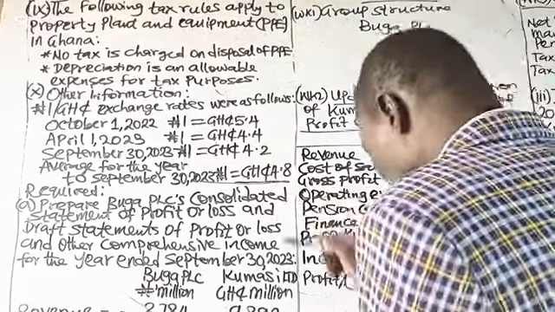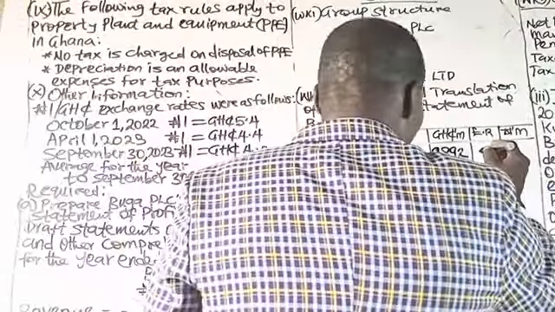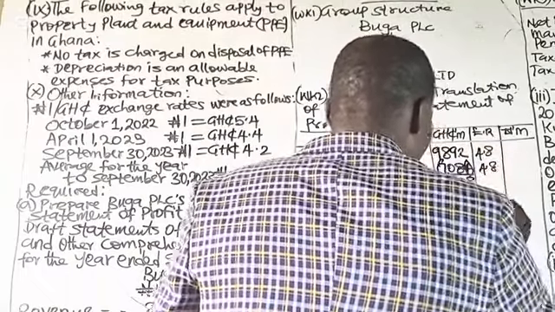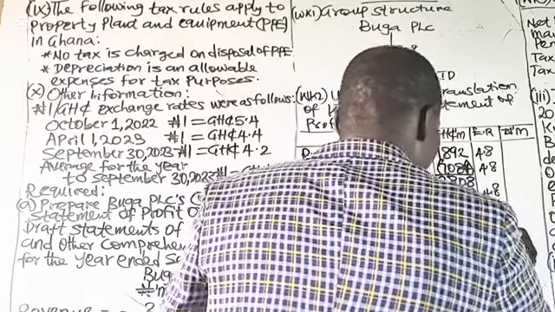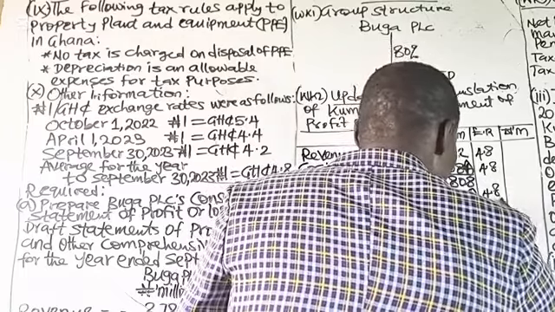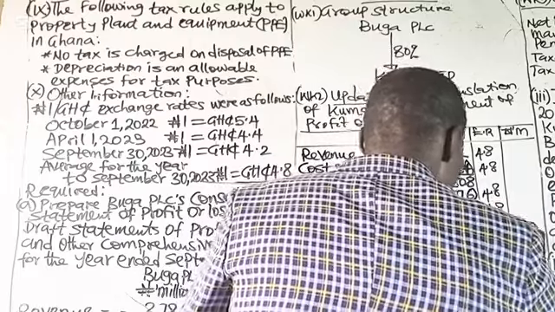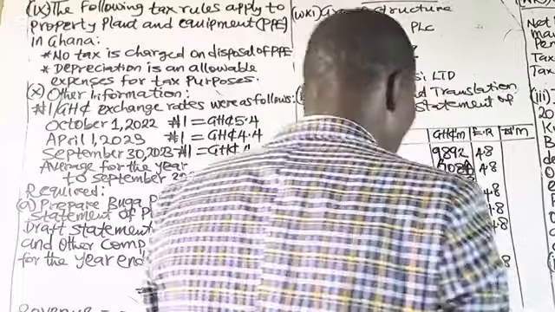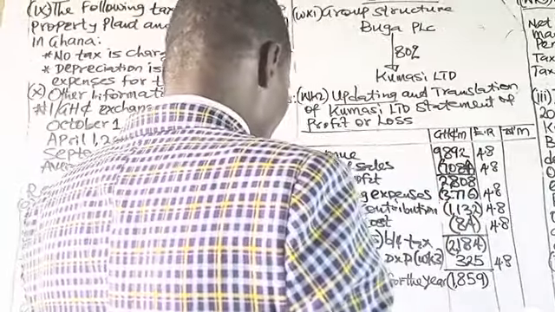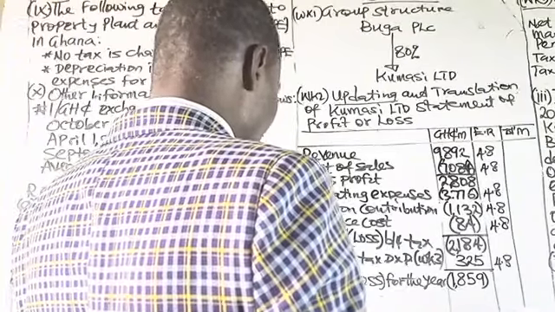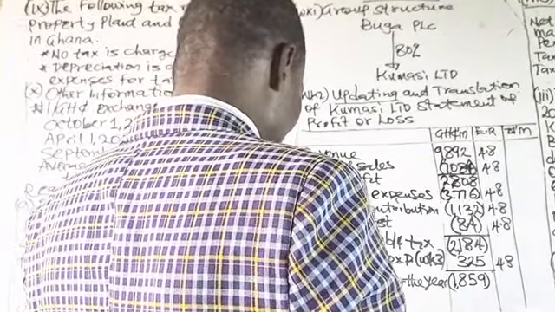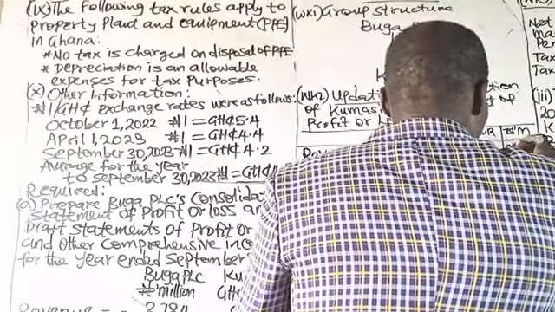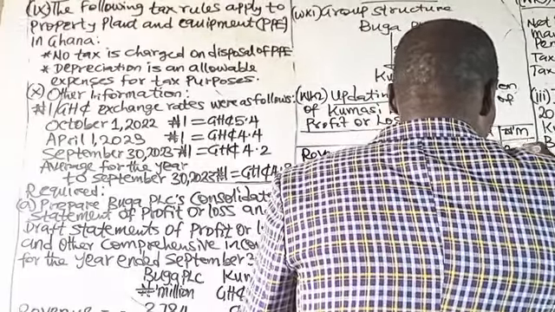So we use 4.8 to convert to naira. 9892 divided by 4.8 is approximately equal to 2061 naira.